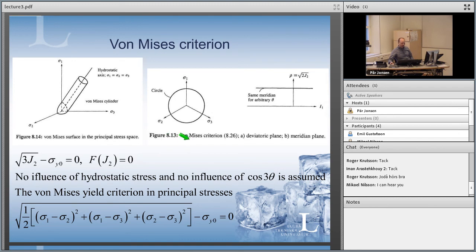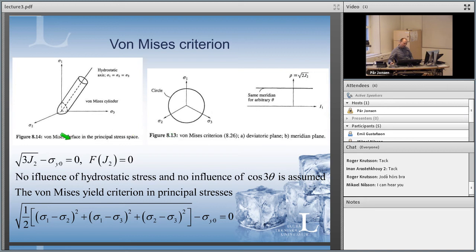You can see that the von Mises model is independent. Whether it's tensile, compressive, or shearing, the distance from the middle of your plane to your surface will be the same, independent of any load angle.